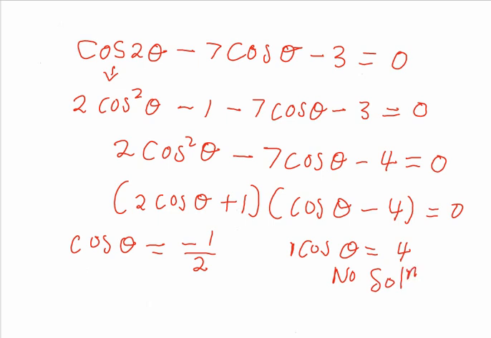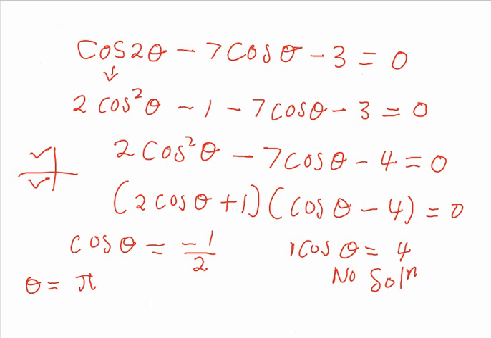But remember, you're not going to solve this as if you're solving the general solution, because we are told the restriction that the solution lies between 0 and 2 pi. Which means here you need to understand what is happening. We have cos negative, and cos is negative in the second quadrant and the third quadrant, which means we have two possible solutions here.